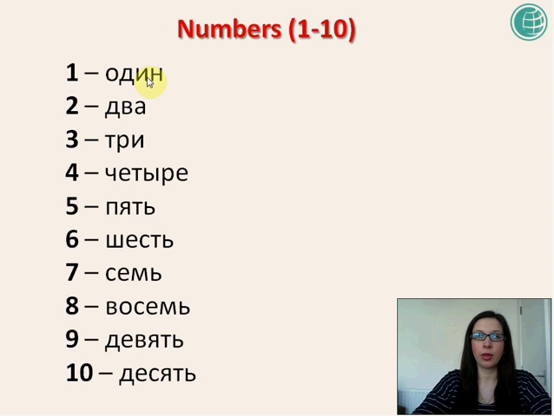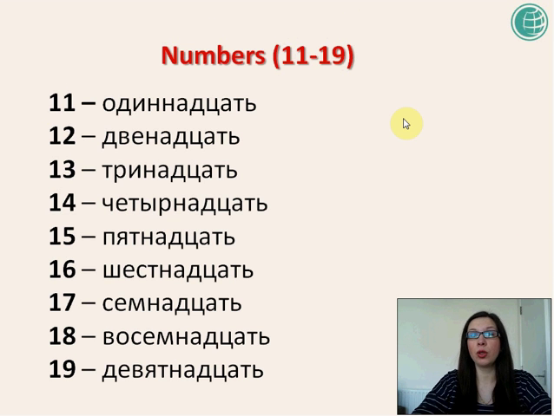1, 2, 3, 4, 5, 6, 7, 8, 9, 10. These were simple numbers and all other numbers will be somehow connected with these numerals. Numbers from 11 to 19. 11.